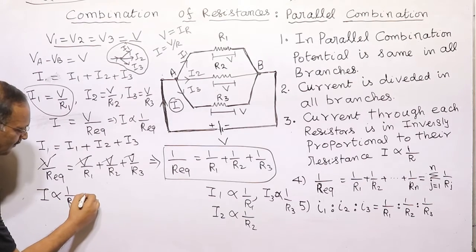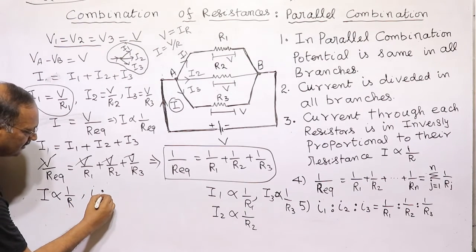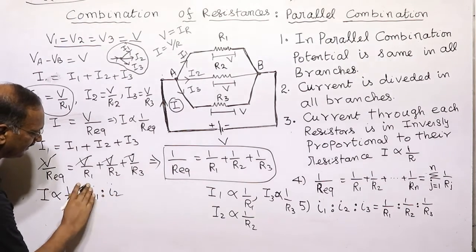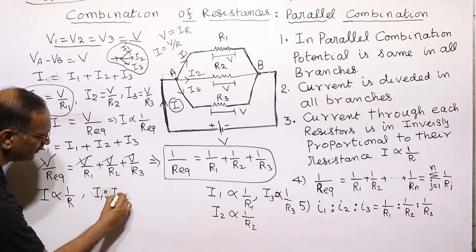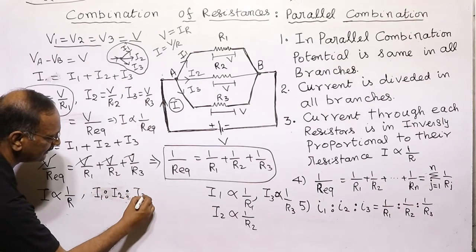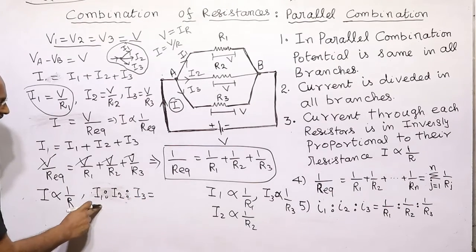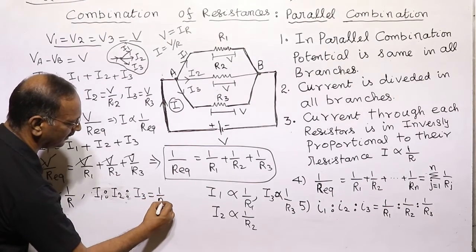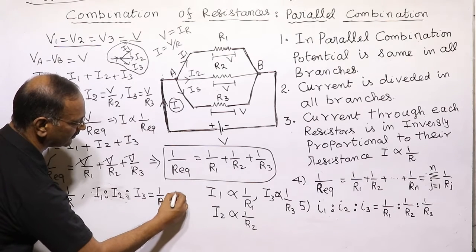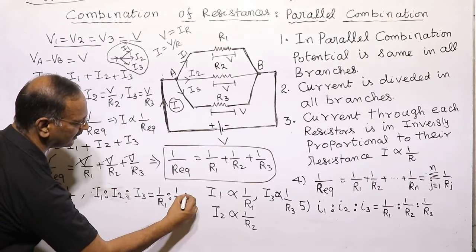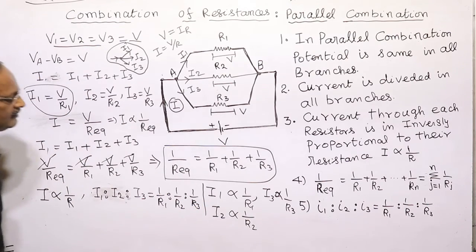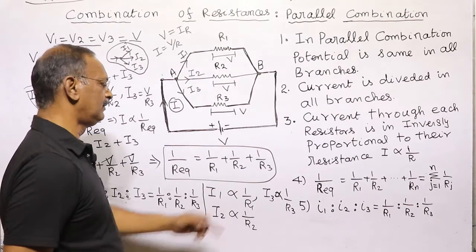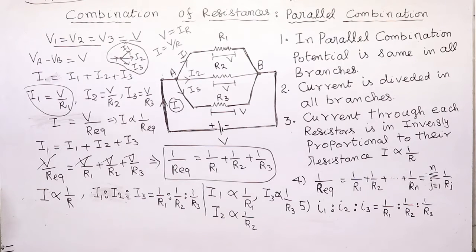Or we can write I1 is to I2 is to I3 is equal to 1 by R1 is to 1 by R2 is to 1 by R3, since the current is inversely proportional to the resistance. Therefore, how can we write R equivalent?